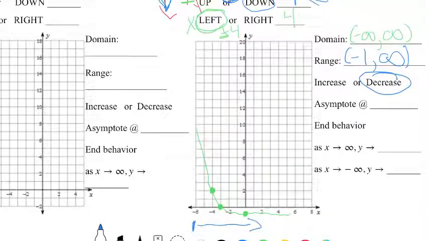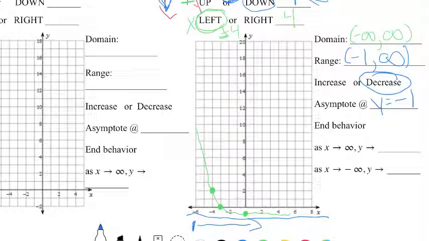Vertical shift is at -1, but do not just leave it at -1. It has to be y equals -1 because it creates a line at y equals -1, and that line is our asymptote, not just a value.